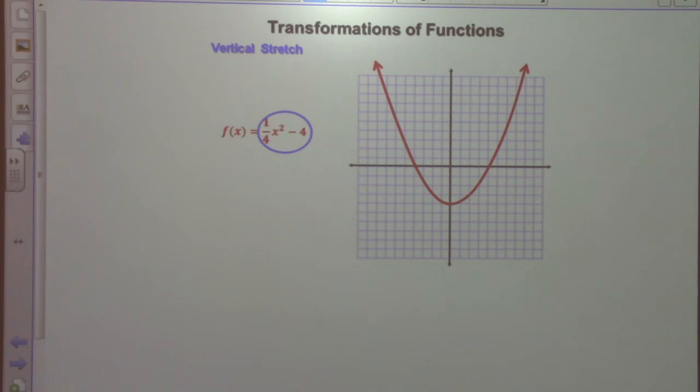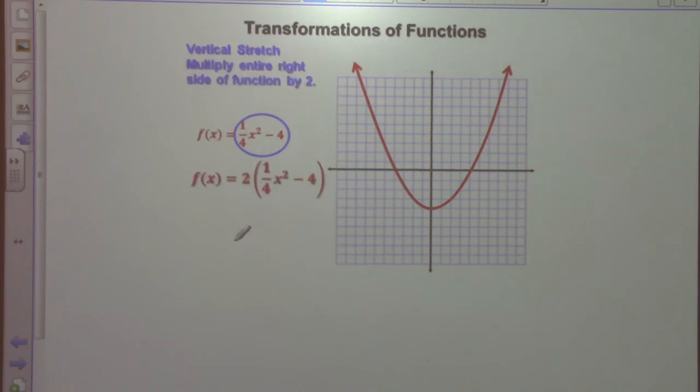So if we vertically stretch, in this case, when we multiply by 2, what do we call this value of 2? We call it a factor. So for this one, we would say vertically stretch by a factor of 2.